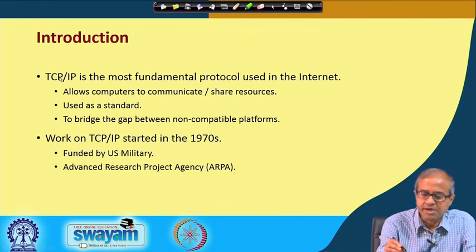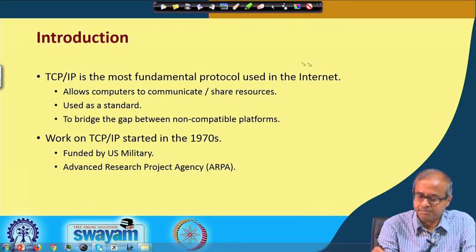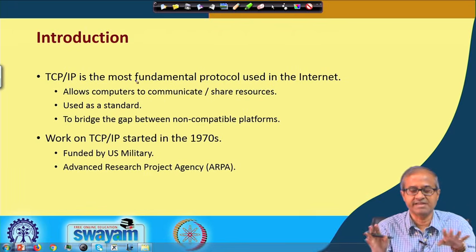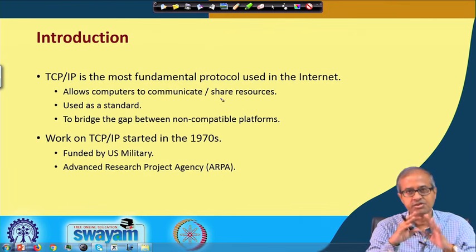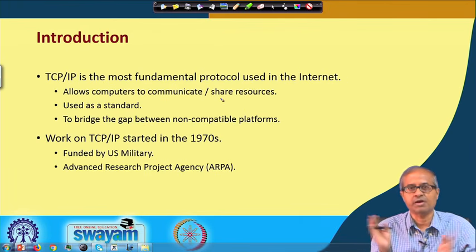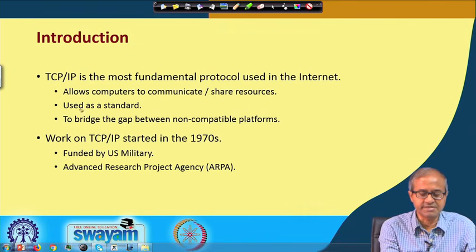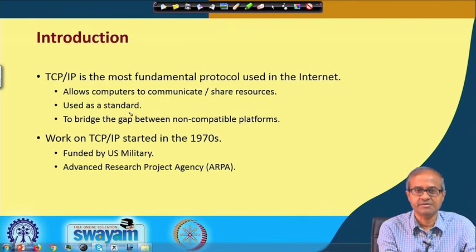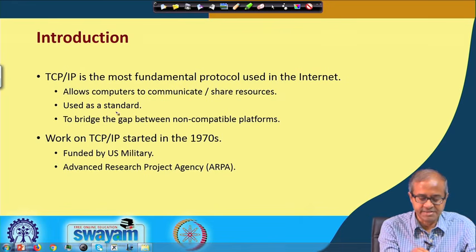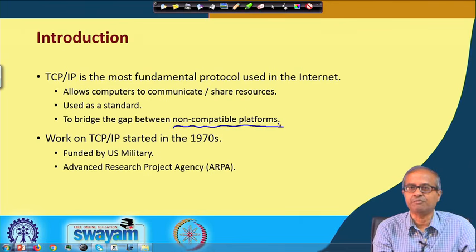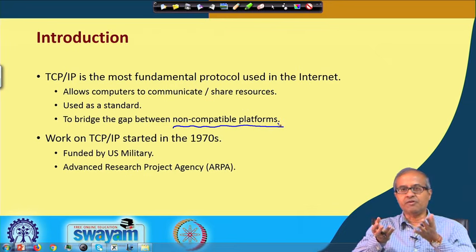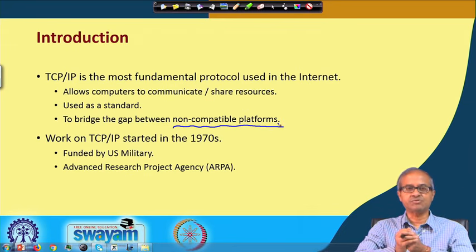Now, TCP IP, by virtue of its standardization, allows computers to communicate and share resources over the internet all across the world. This is used as a universal standard in the internet. Now, this TCP IP as a universal standard is used to bridge the gap between various different platforms. Well, when you say platforms, you can think about operating systems to start with.